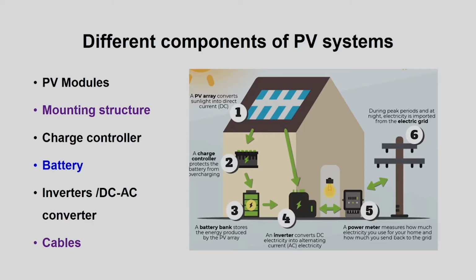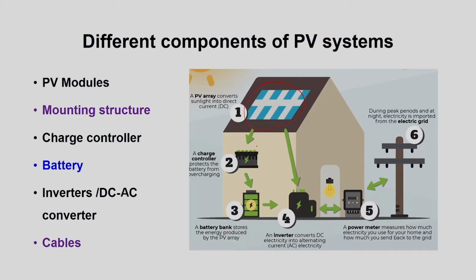The different components of a PV system are PV modules, which are the primary component, then mounting structures, charge controller, battery, inverter, DC-DC converter and cables. As you can see in the figure, PV modules are installed on the rooftop. The PV array converts sunlight into direct current.